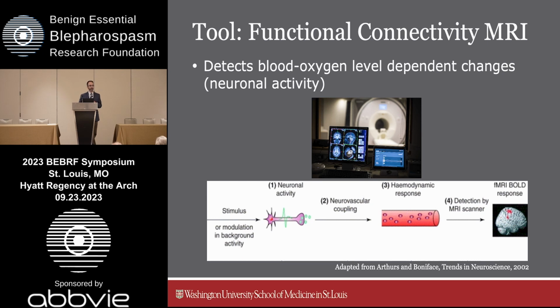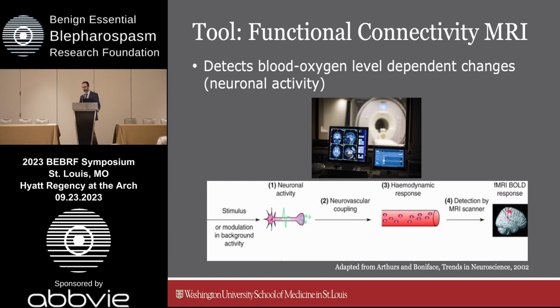We can look at the blood oxygen level and how that changes based on essentially what is happening in the brain, what the activity is, what the neurons, the cells of the brain are doing. Again, complex principles, but the idea being that we can measure neuronal activity in one region of the brain, look at how the blood flow changes in that particular part of the brain, and we can do that in ways that we can control.